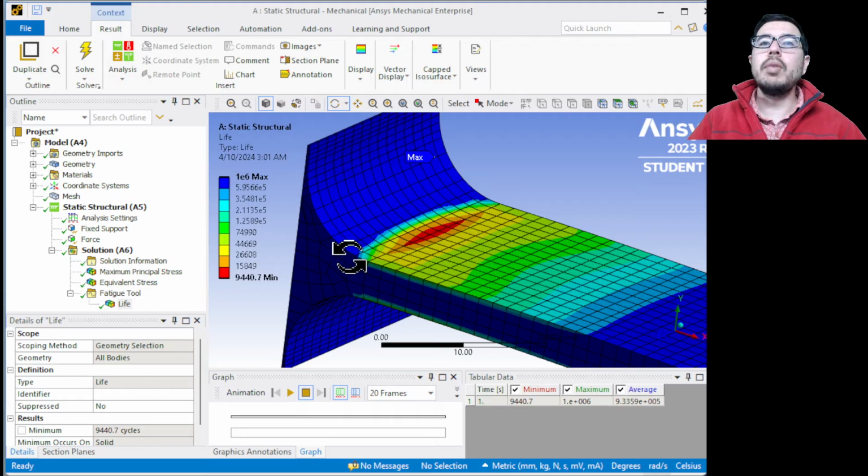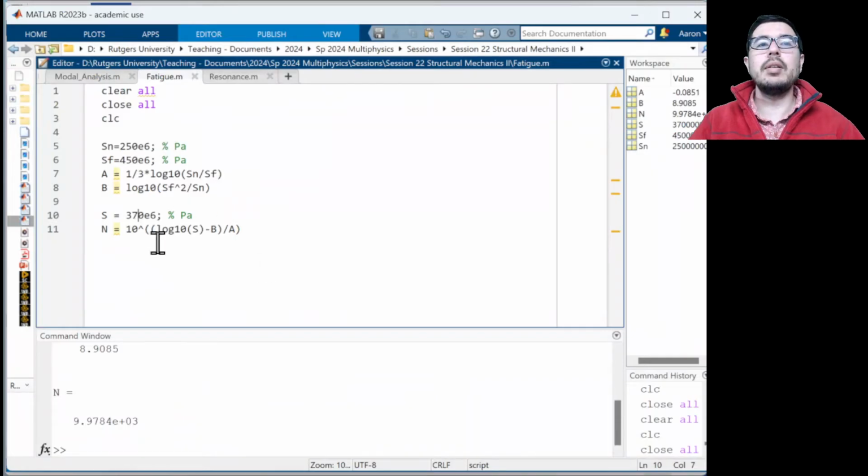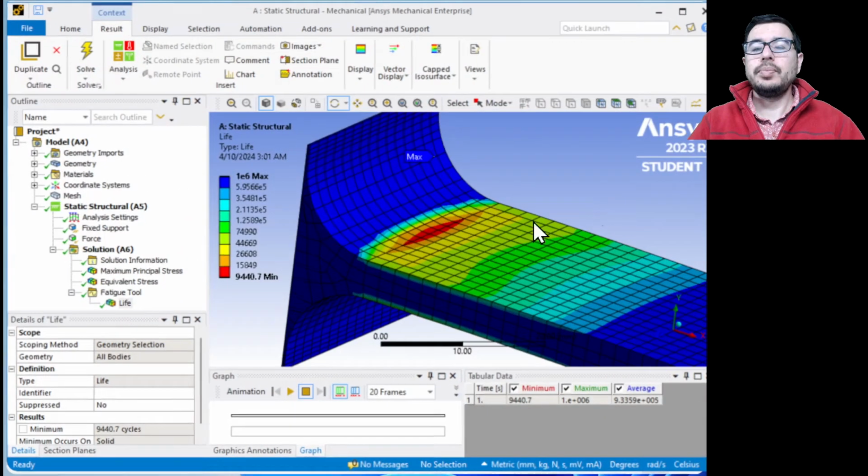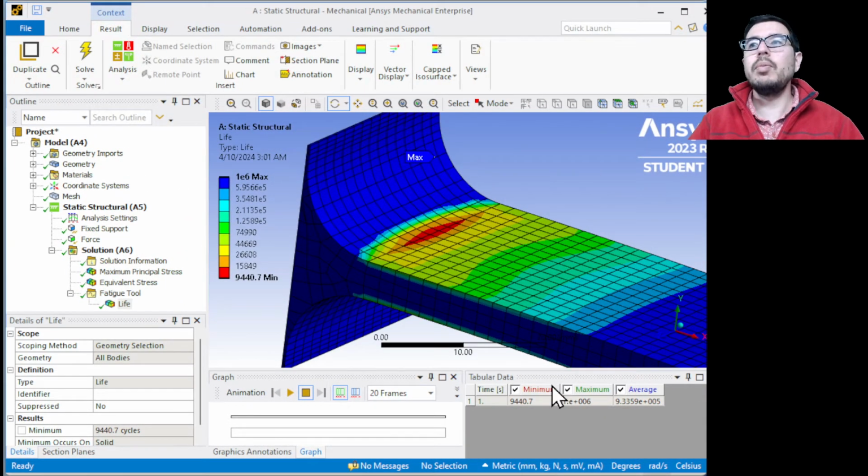We see that we're in the red, and we have 9,441 or so cycles of life. And what did we say before? We said that about 10,000, if we go back to MATLAB, about 10,000 cycles, or 9,978, were associated with this stress value of 370 megapascals. So this is pretty cool.